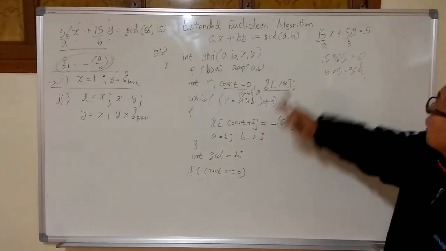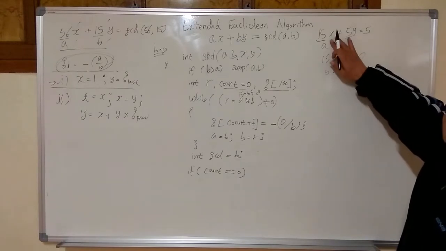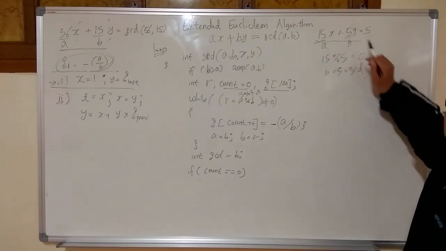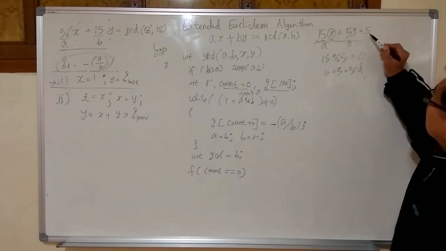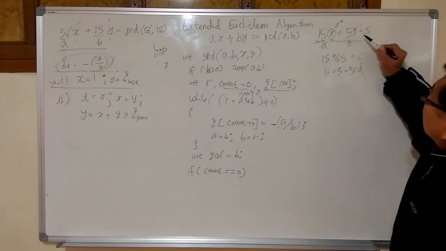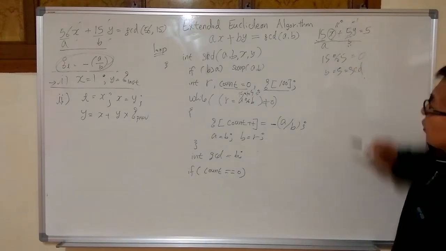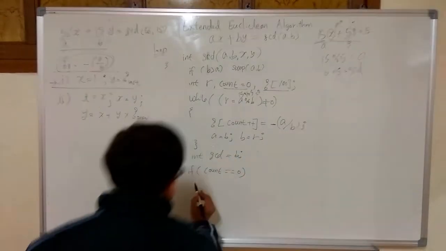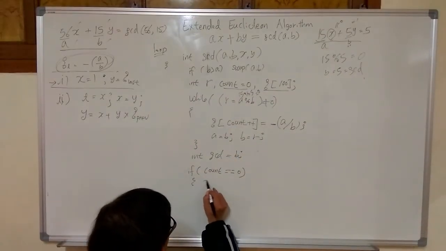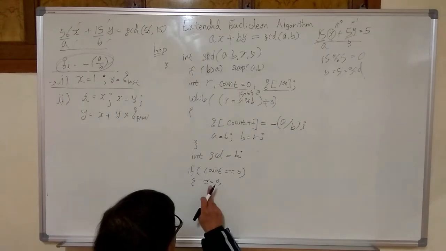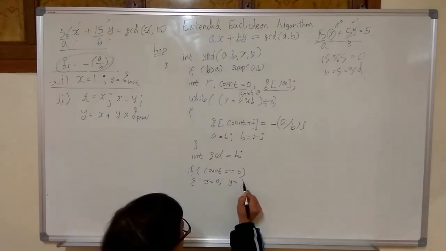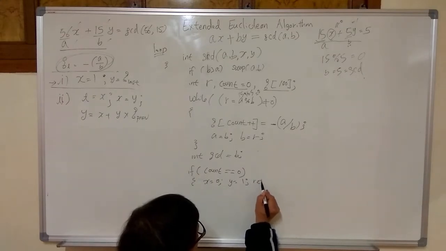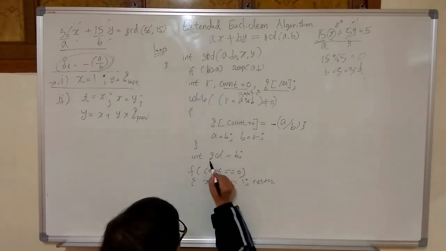In such a case, for this equation to be true, x should be 0 and y should be 1, right? So here we let x equals 0, y equals 1, then return GCD.